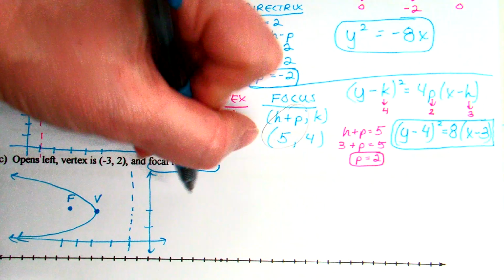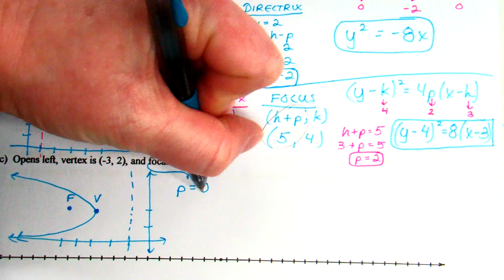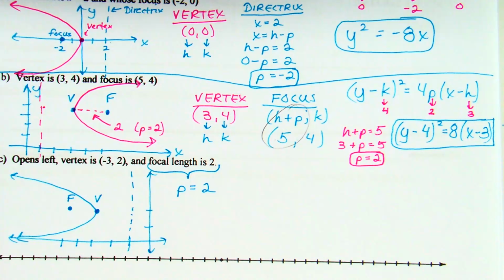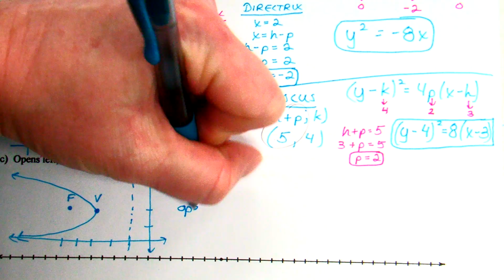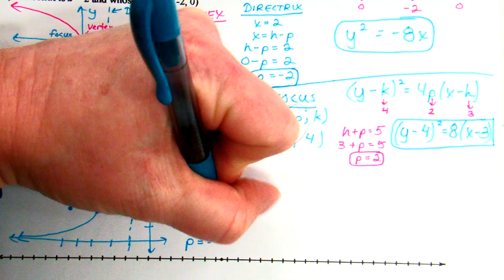Focal length is 2 tells me p is some kind of 2. What's the catch? Why would it be negative? Because it opens left, then we're going to have to use p is negative 2.